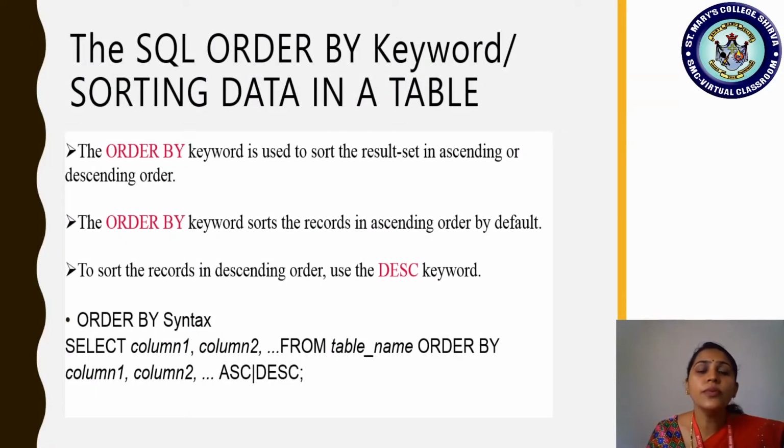So if you want to simply view the country information of various customers, as there are repeated values, repeated names of the countries, how to avoid that repetition, how to avoid the duplicate values, that we did with the help of the distinct keyword in the select statement, right?